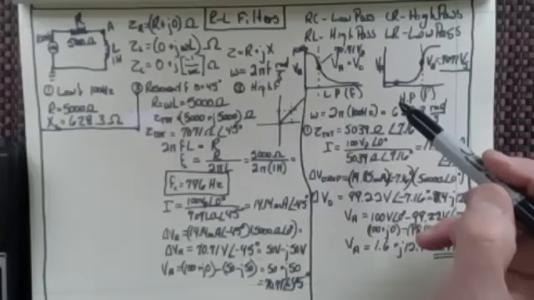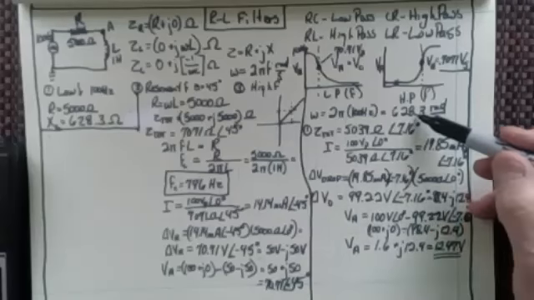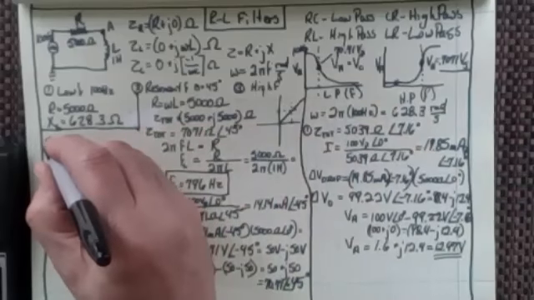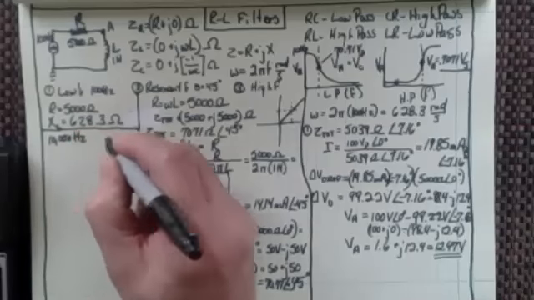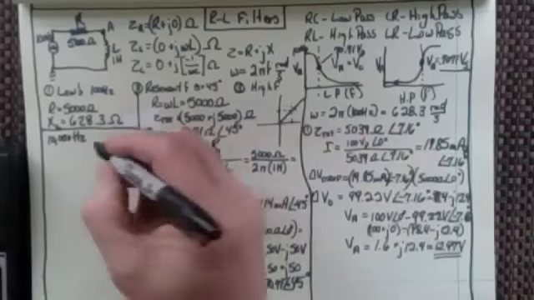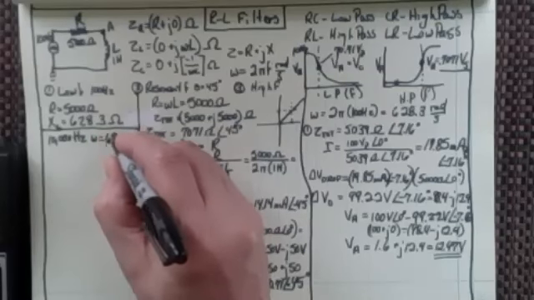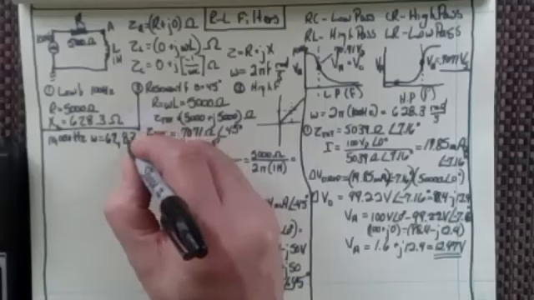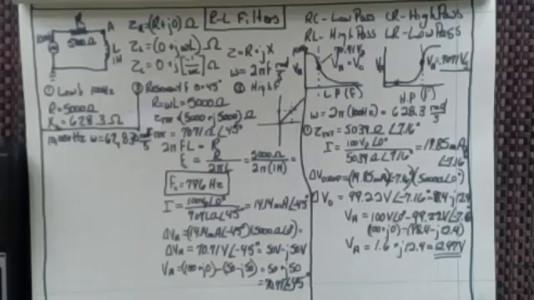Actually, let's see, what have we got here? Let's make that 10,000 hertz. So at 10,000 hertz, now let's get a couple things here, because we know that omega at 10,000 hertz is going to be 62,830 radians per second, right?